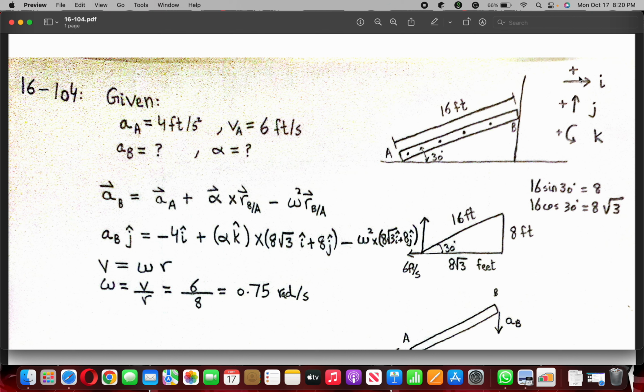So we assume that the direction towards the right, I, is positive, upwards, J, is positive, and K is positive when it is counterclockwise.